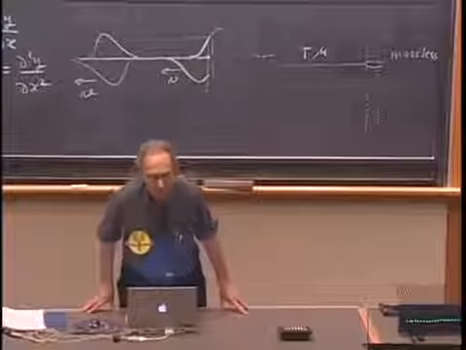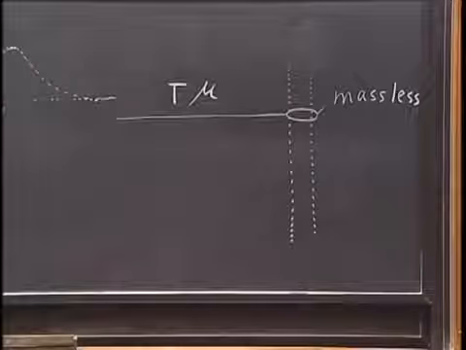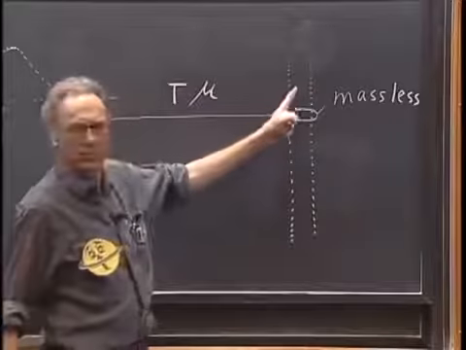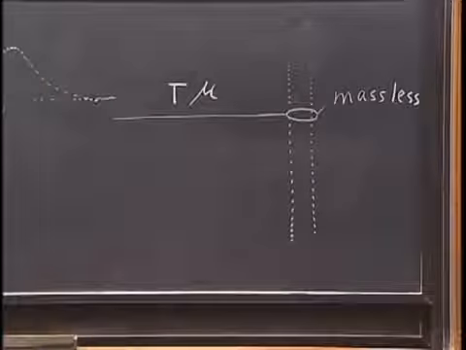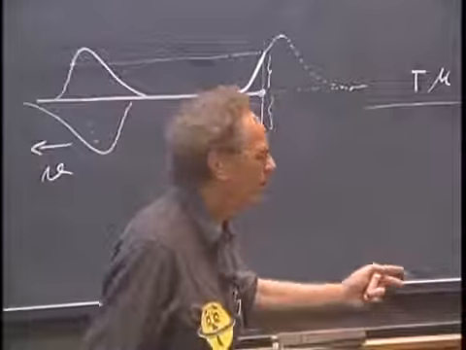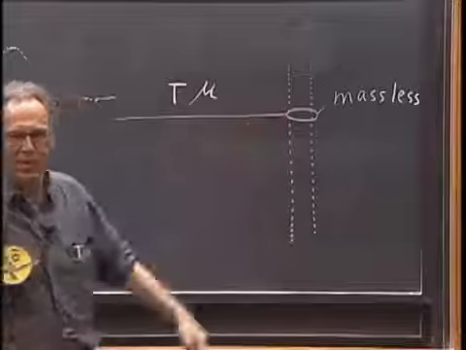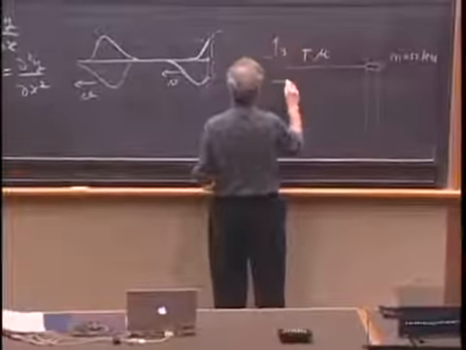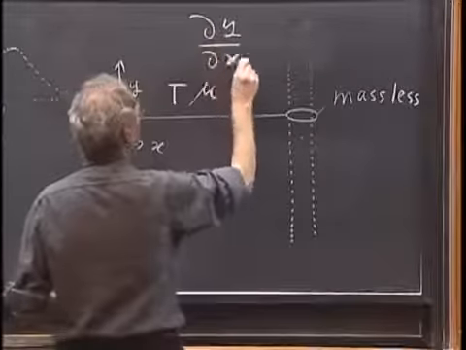However, the shape of that string right here is now very special. At all moments in time, what will the shape of this string be when we photograph it? No matter when you photograph it, before the pulse is there, after the pulse is there, at any moment in time, what will this point look like? It comes in at 90 degrees. dy/dx, if this is y, and this is x, at that location, dy/dx must be 0.